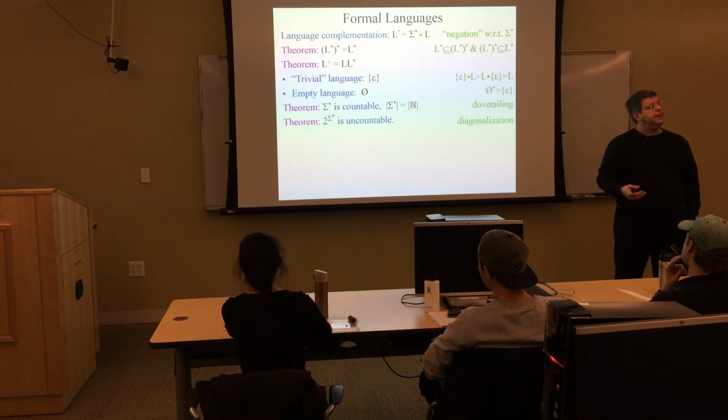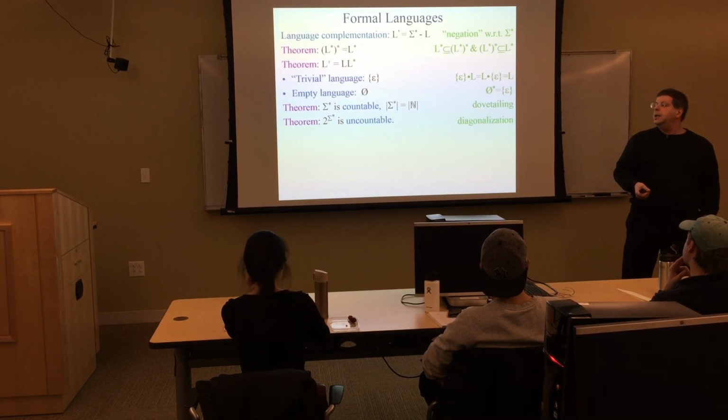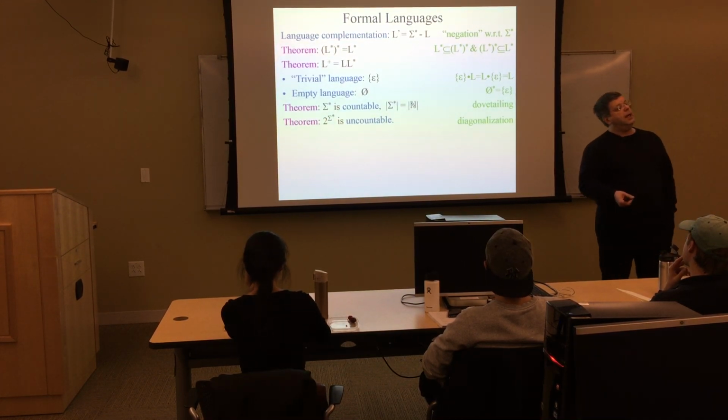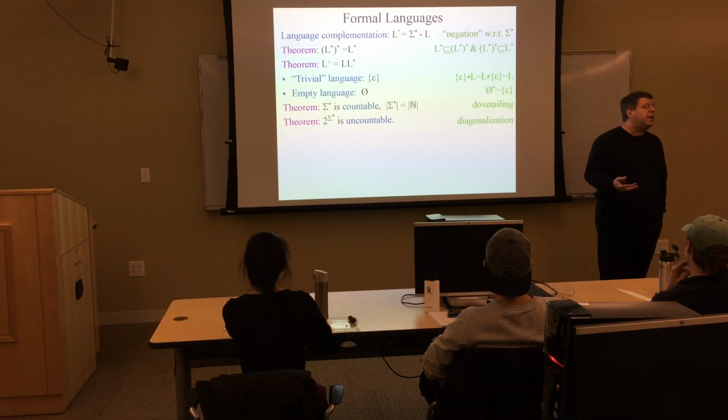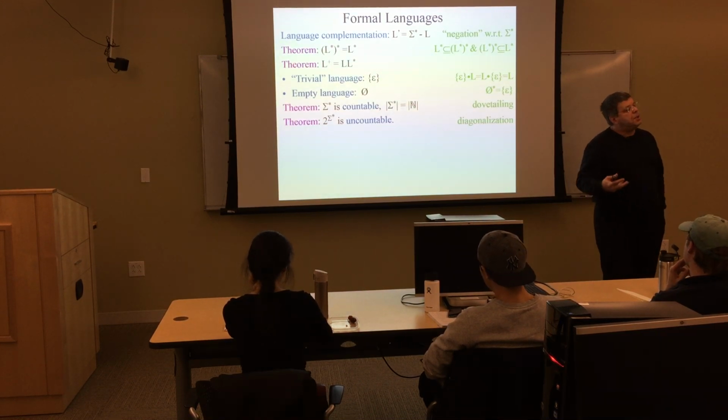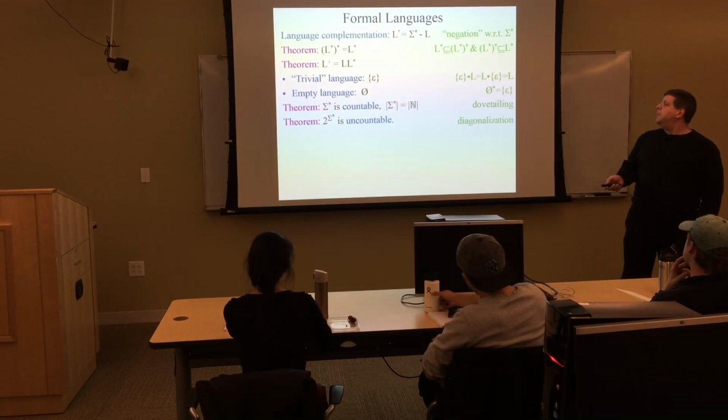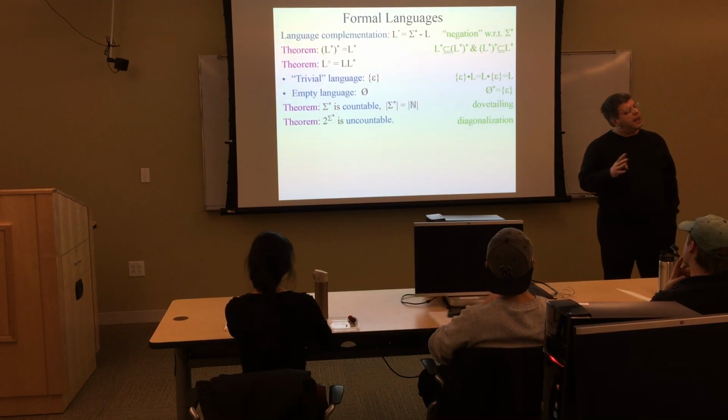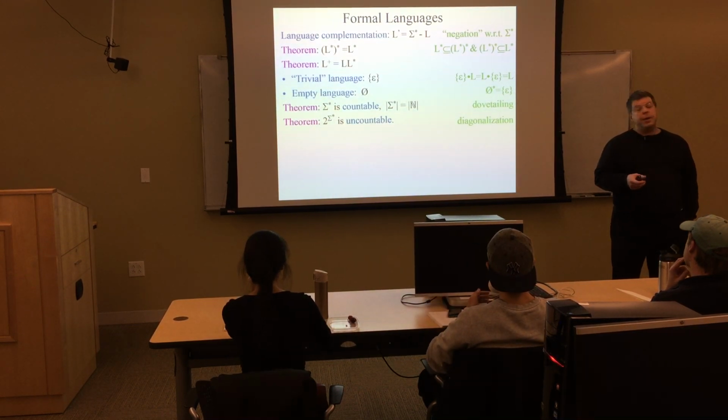So would this have been something I would have seen in discrete math or a class like that and just don't remember, or is it not really part of discrete math? Some of it you would have seen, like union, intersection, set operators and that kind of thing, and complementation, but things like Kleene closure you may or may not have seen, depending where you took it and who taught it.